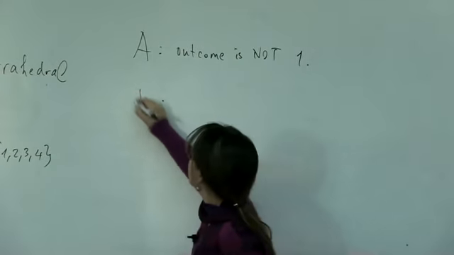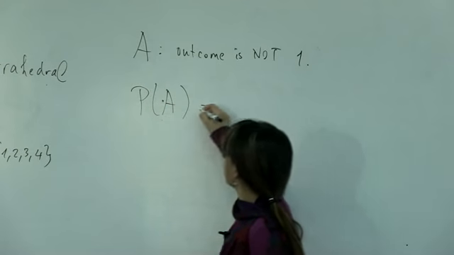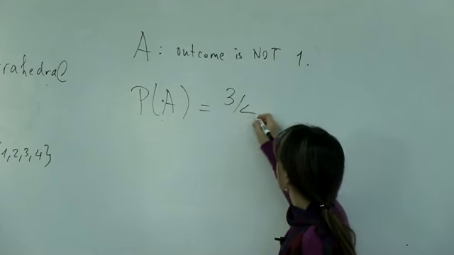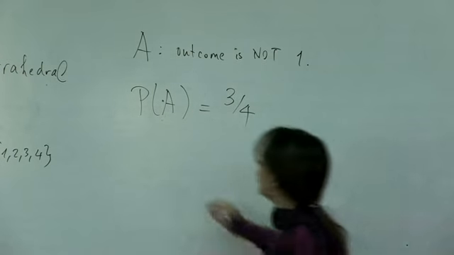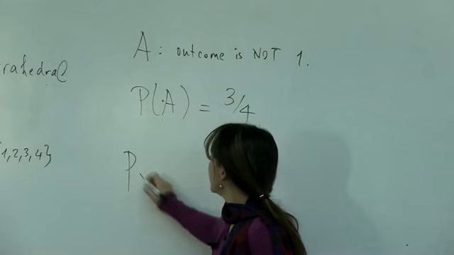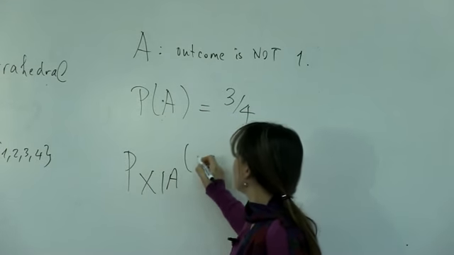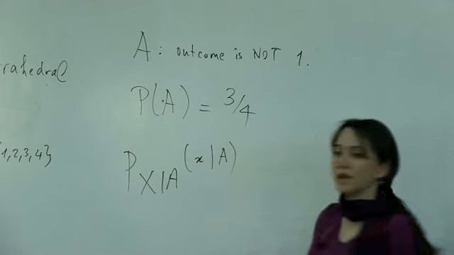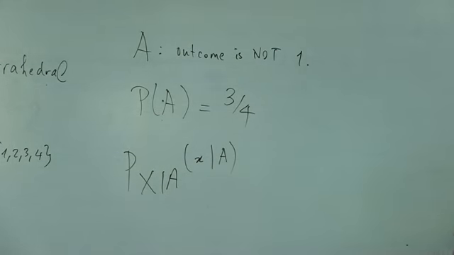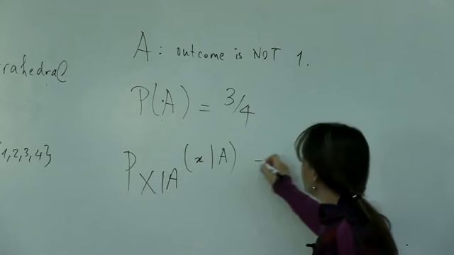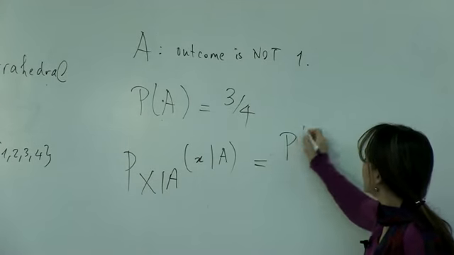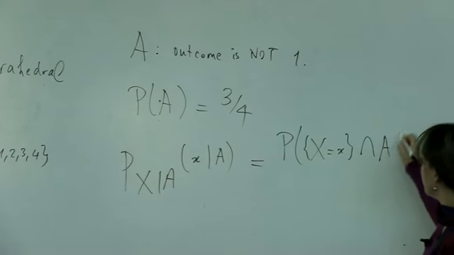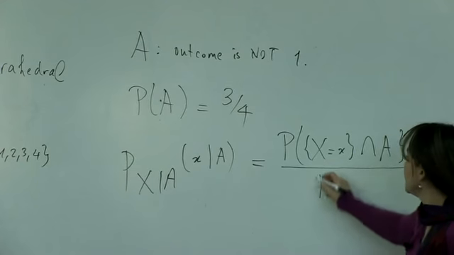What is the probability of A? 3/4. Now we are asked to compute the PMF of X conditioned on the event A. By definition, this is the probability that X is equal to x and A happens, divided by the probability of A.